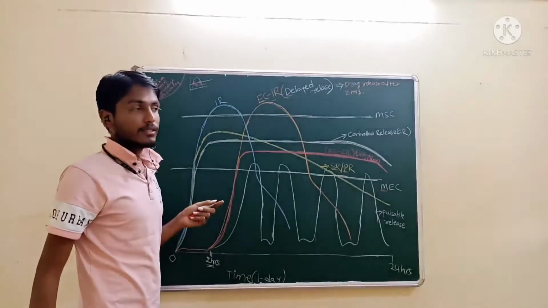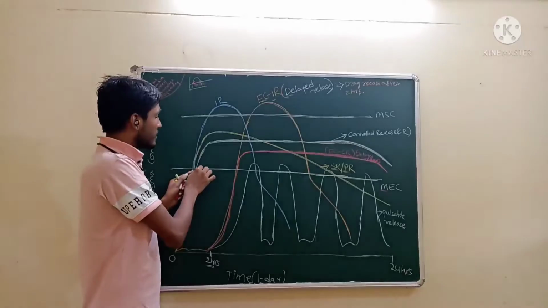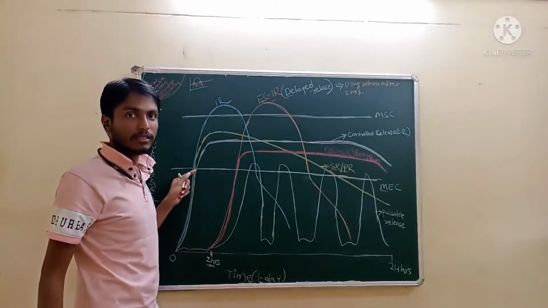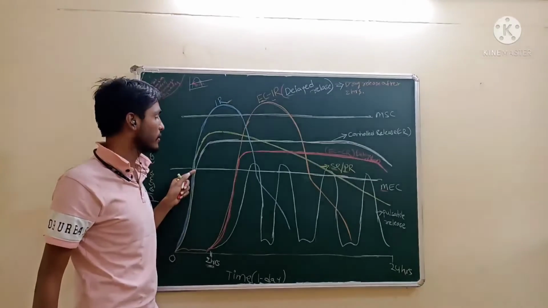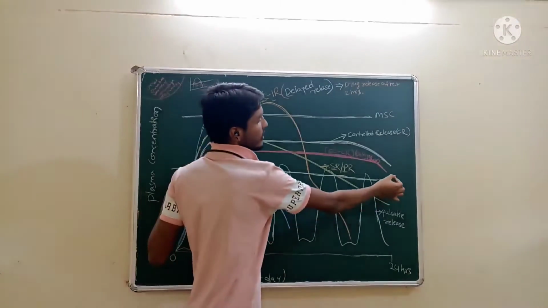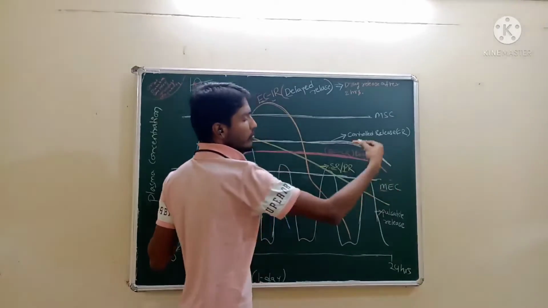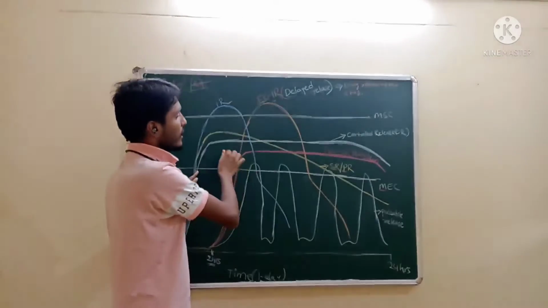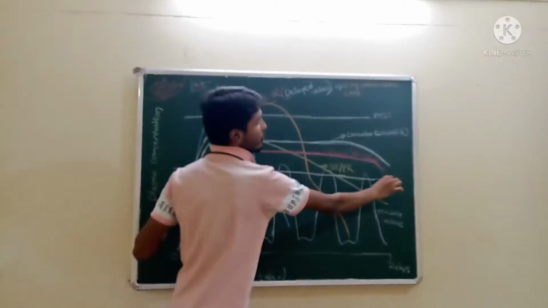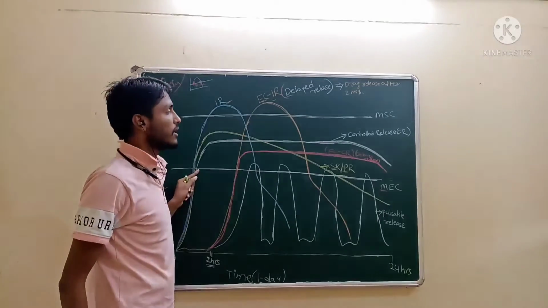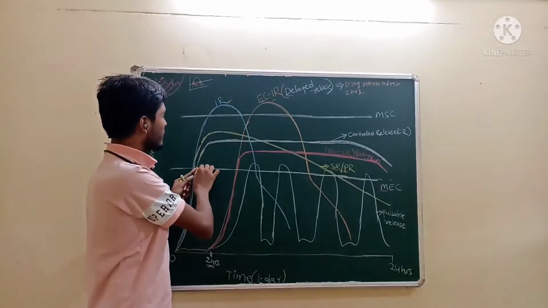Next one is controlled release. Controlled release has the same onset of action as the immediate release tablet, but the duration of action is more; it will work for more than 1 day, 2 or 3 days. This is the onset of action, the starting point.